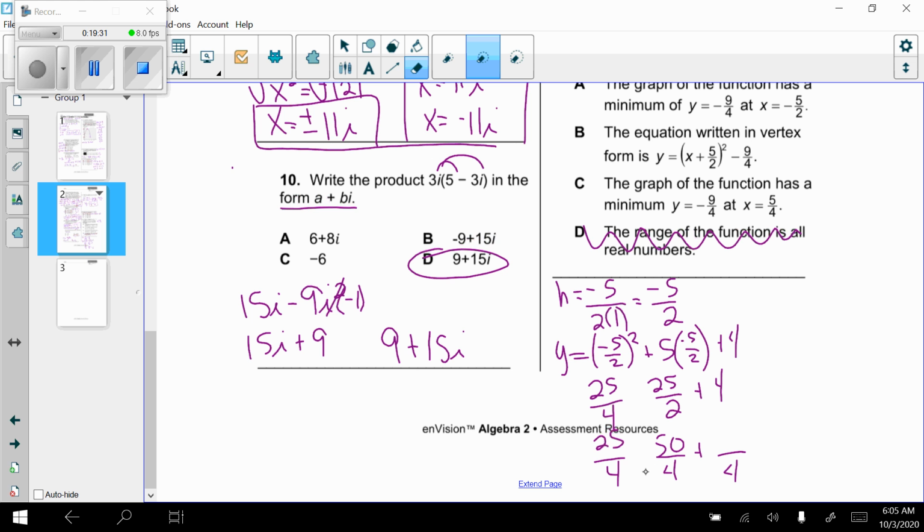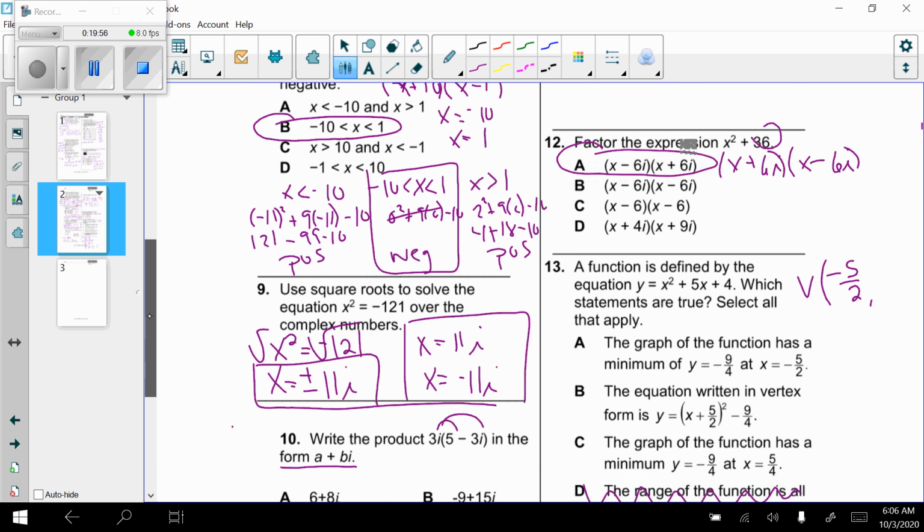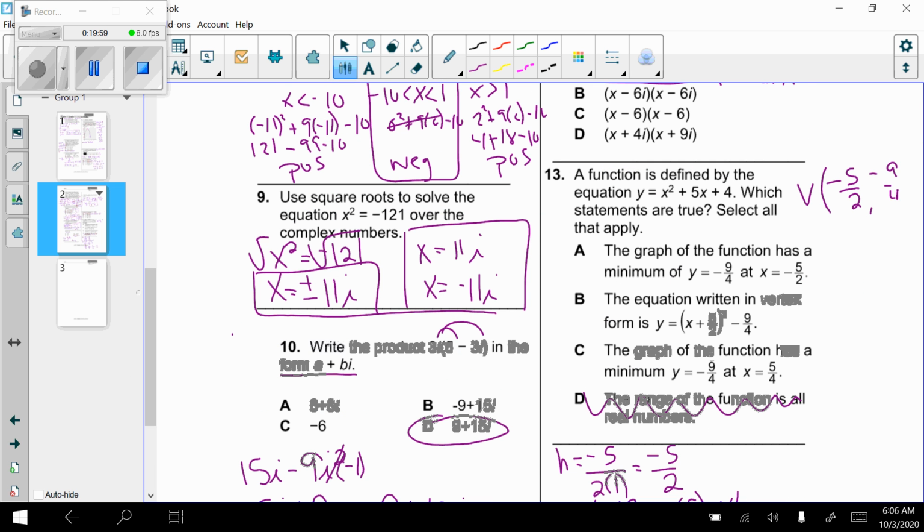That's going to make these subtractions. Negative 4 over 1, so multiply by 4 is the same thing as 16 fourths. So then add here. 25 minus 50 gives me -25. -25 and a positive 16 gives me -9 fourths. So my vertex is -5 halves, negative 9/4.